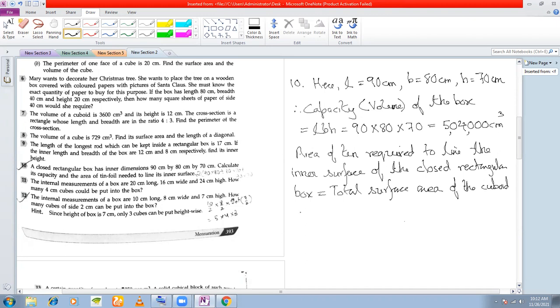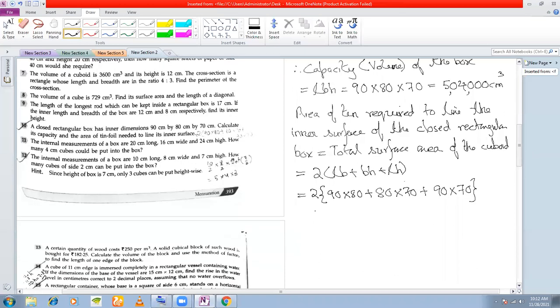Okay, which is equal to, what is the formula for total surface area? Twice L B plus B H plus L H, equal to twice L into B plus B into H plus L into H.